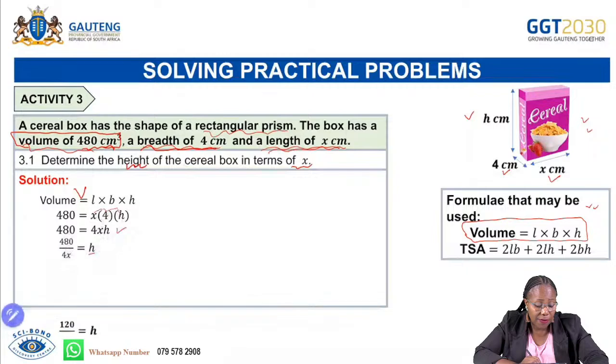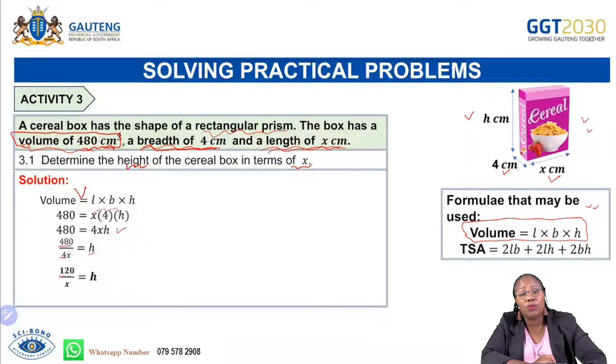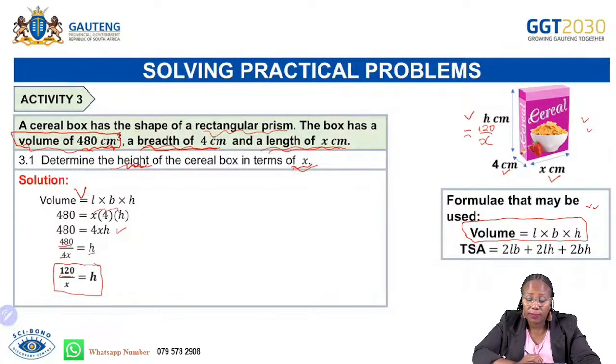So when we simplify this, we end up with H equal to 120 over X. We have divided 480 by 4, which gives us this 120 on top there. So H will be equal to 120 over X. That is our height in terms of X.